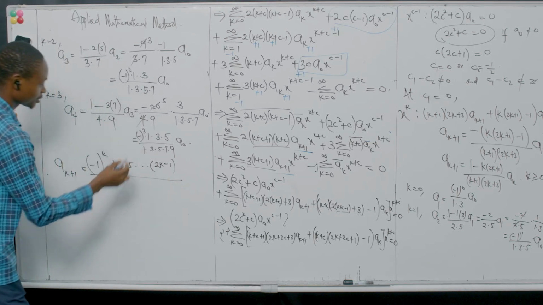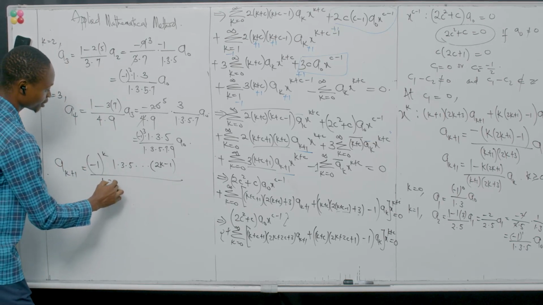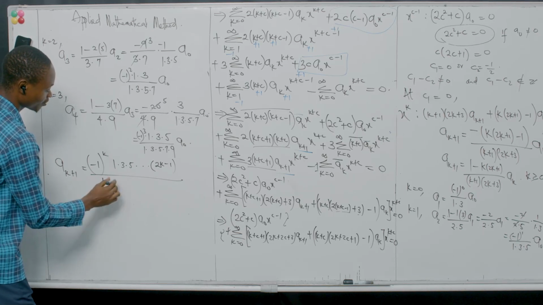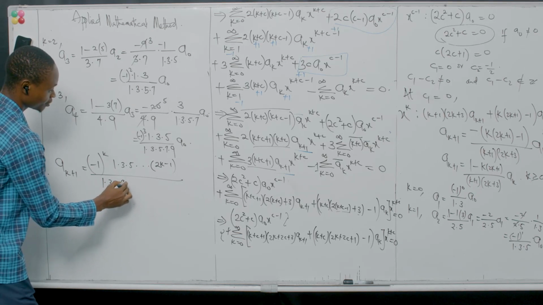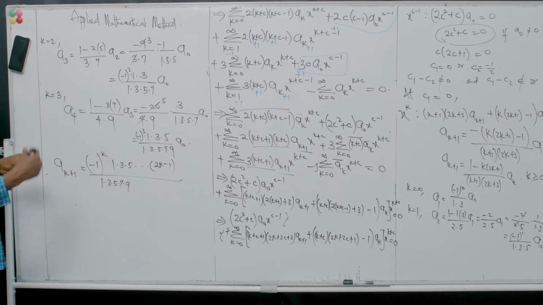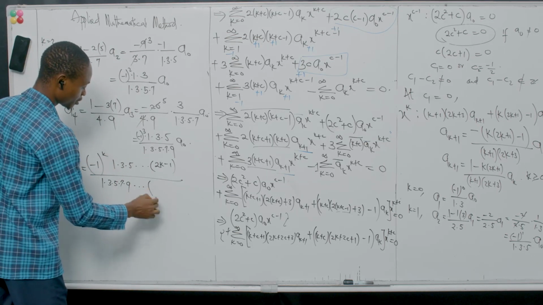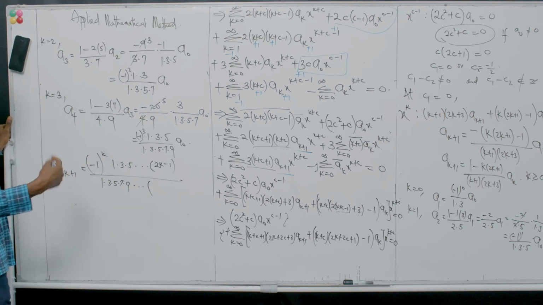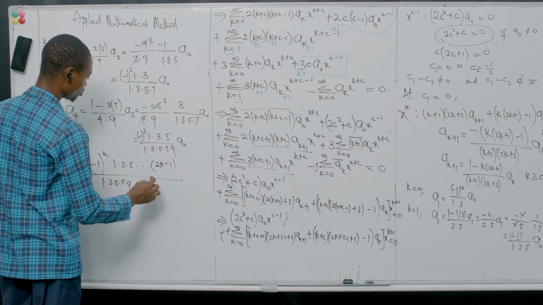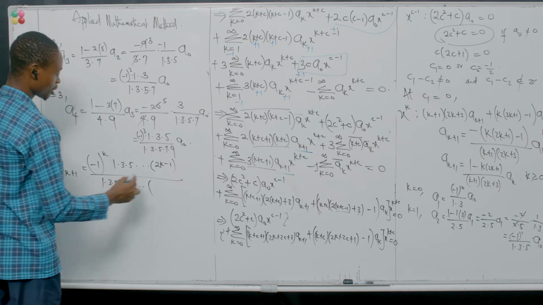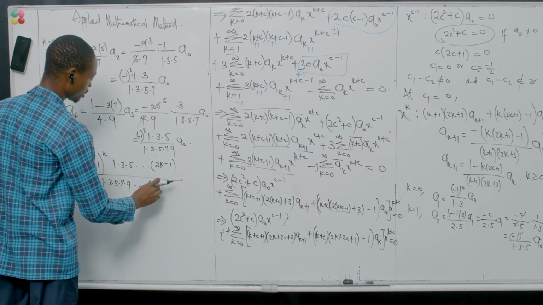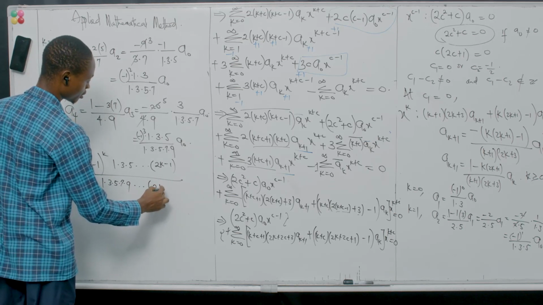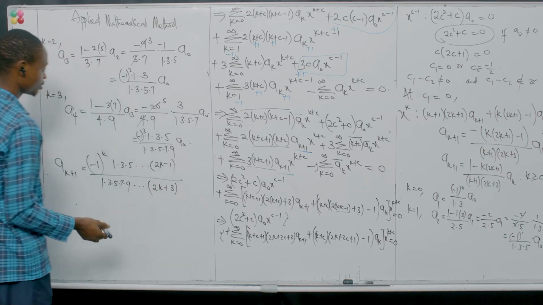Divided by, here you have 1.3.5.7.9, and you have another pattern being generated. So you can sum that exactly how the growth is. You can probably use 2K plus 3 or something.